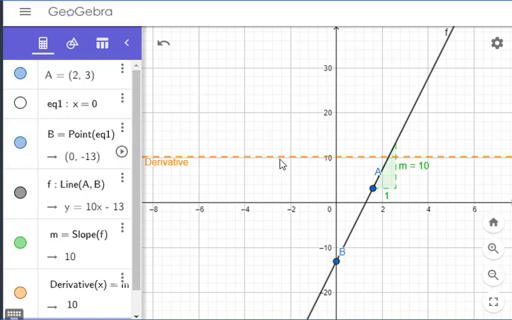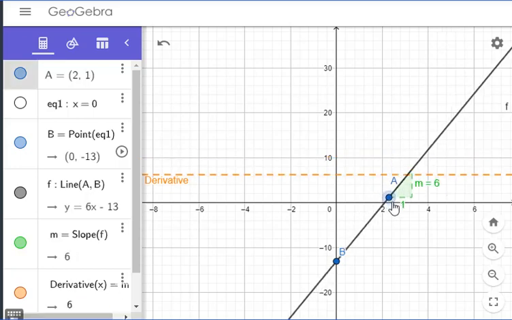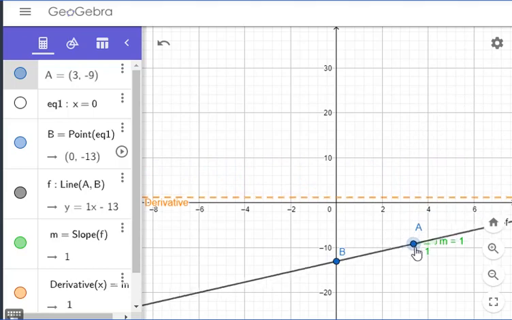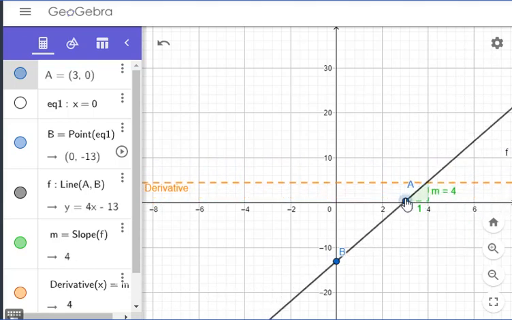Now let's explore the slope of a tangent line of a linear function. This is the value of the derivative. You could say from here, when I move this a, basically I change the slope of the linear function.